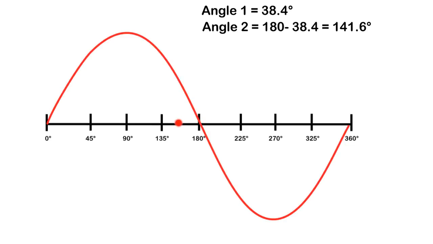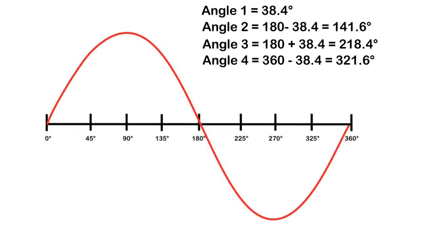So we went back 38.4, so we must be going ahead 38.4 to get the same value. 180 plus 38.4 gives me 218.4 degrees, and then moving back this 38.4 degrees, we're going to take 360 minus that. So 360 degrees minus 38.4 degrees gives us 321.6 degrees.